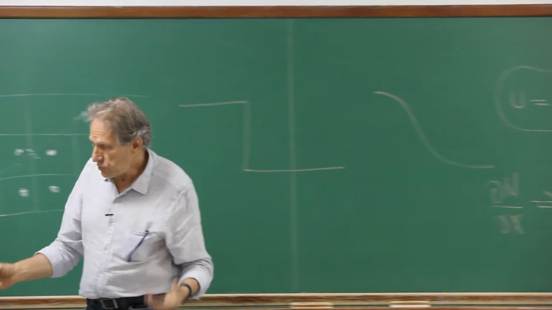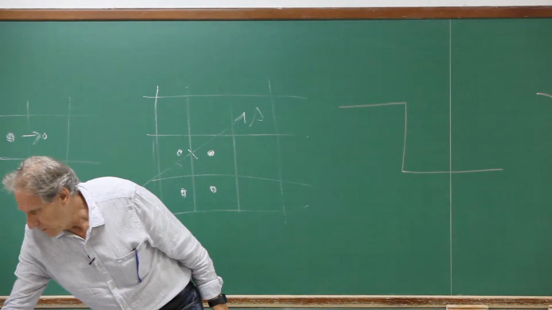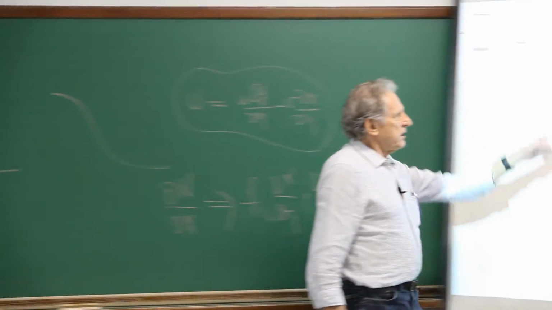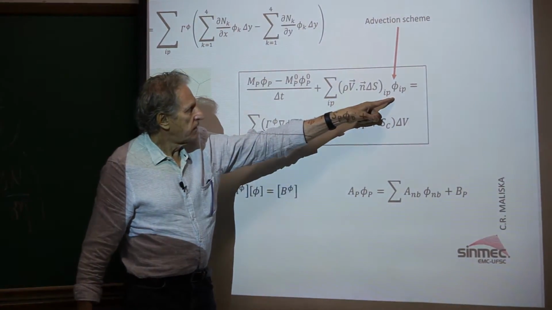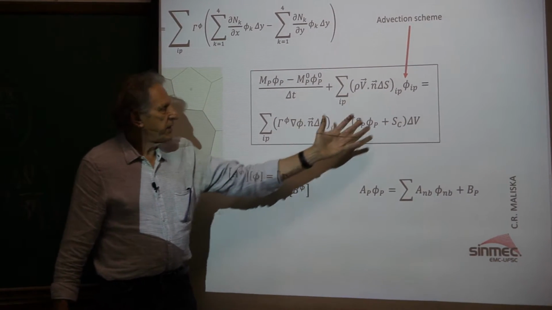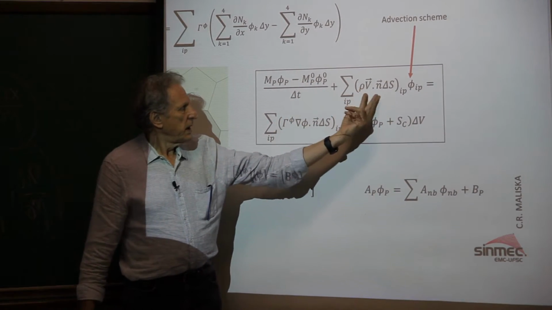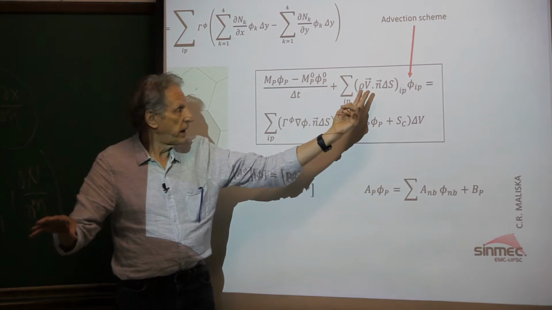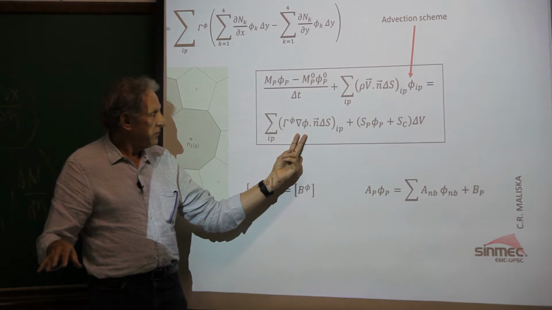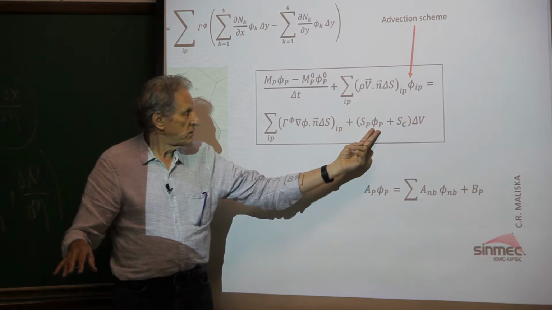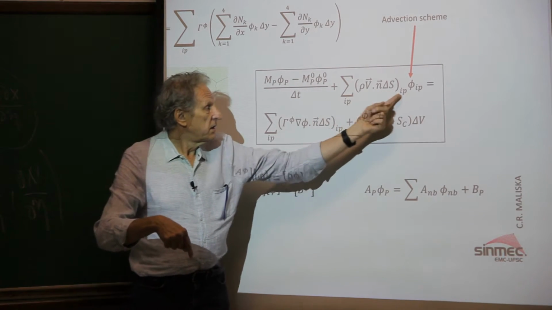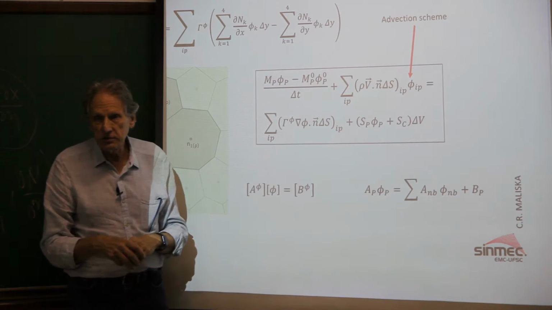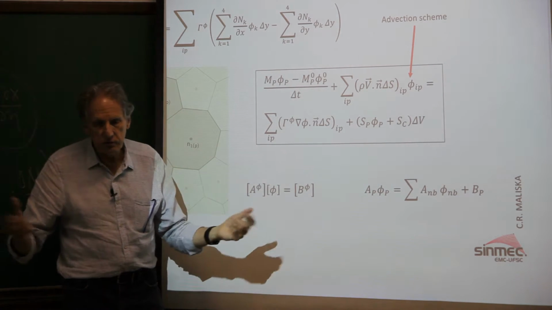And then after you choose your advection scheme, everything here is known, this is mass flow, and it's already known how to calculate the diffusion and the source term. You just put in here what you choose for your advection term. So you go into the literature.